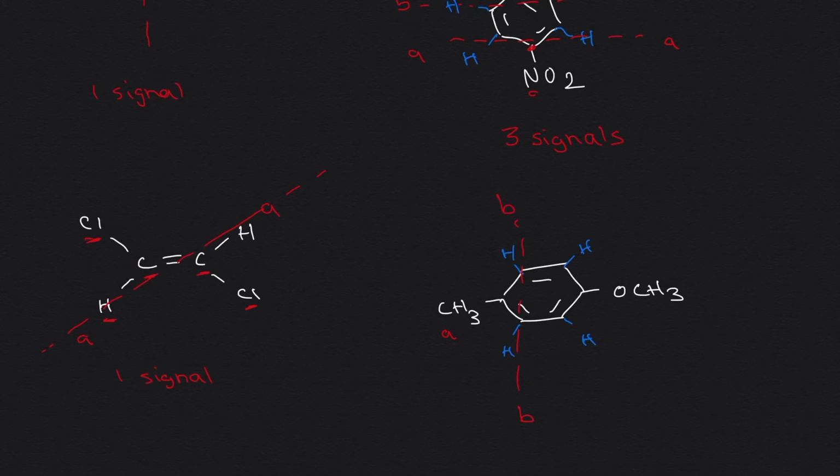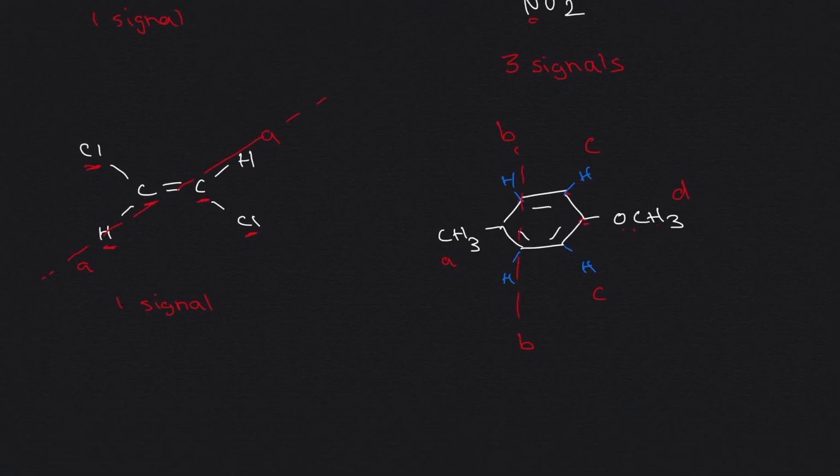Whereas these ones here are closer to this OCH3 group, whereas this is just a CH3 group. So this is only 1, 2 away, whereas these ones were 1, 2, 3 away. So that's a third signal. And then here would be that CH3, it's obviously only 1 away from the oxygen. That would be the 4th signal in this case.